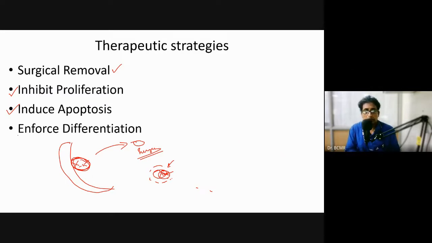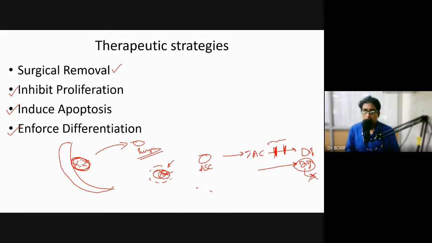The fourth one is to differentiate. So from adult stem cells, we have TACs, and then we have the terminally differentiated cells. Somewhere, because of these blocks, these cells are not differentiating. If they differentiate, they would have a certain lifespan, and then they would have died.